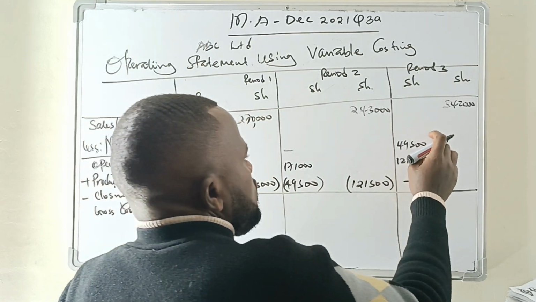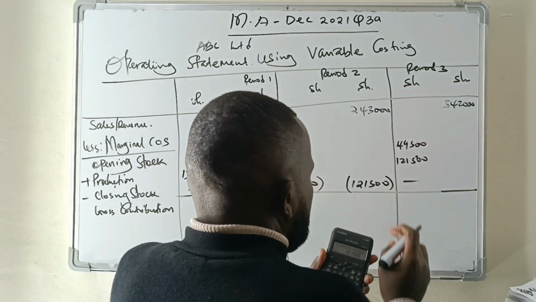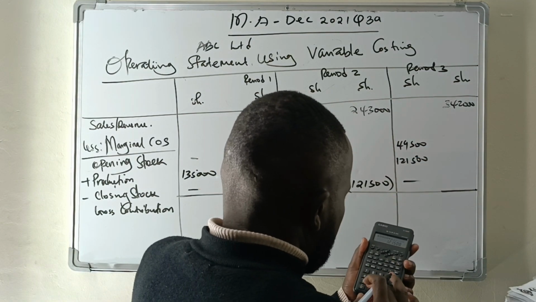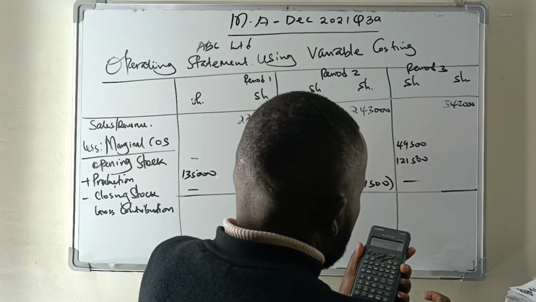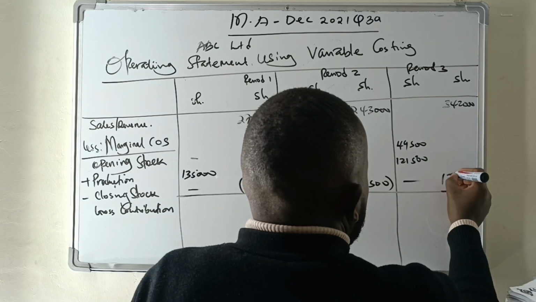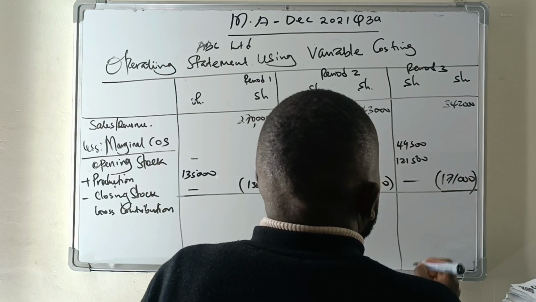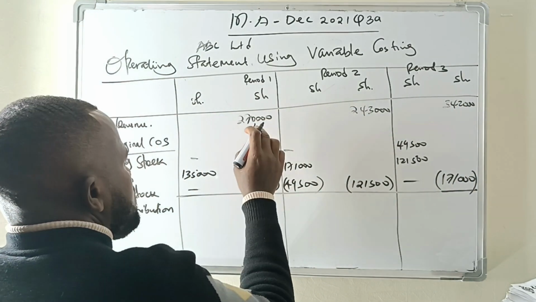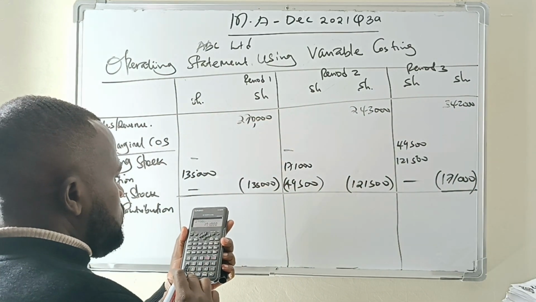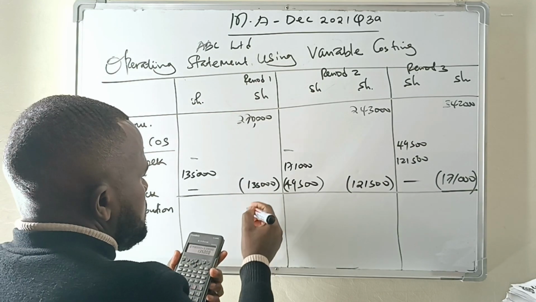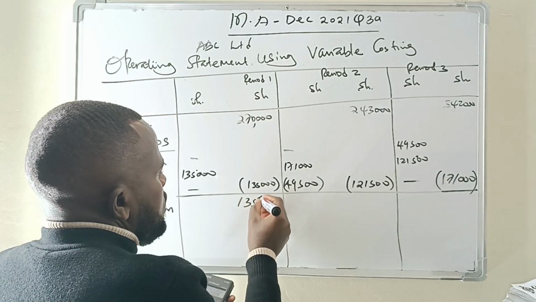But let me finish up. These are plus. So 49,500, you add 121,500. I'm getting 171,000, which we deduct from the sales. So 270,000 less 135,000. So the gross contribution is 135,000.